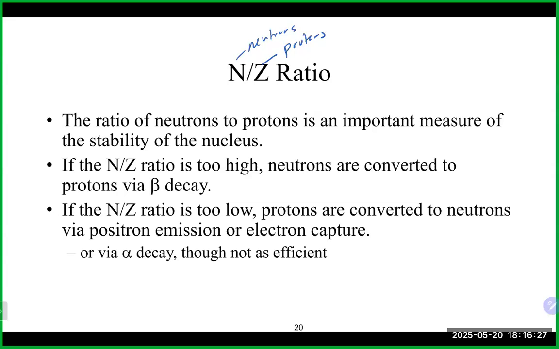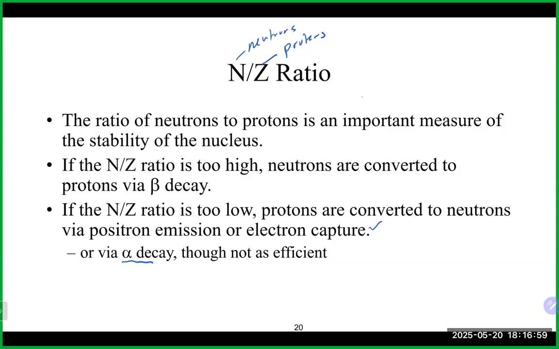And if the N to Z ratio is too high, the neutrons are converted to protons via a beta decay. And if the ratio is too low, protons will be converted to neutrons either through two methods, a positron emission or an electron capture. And, not as efficient, you could use an alpha decay. For us in this class, we will roll with one of these two if it is too low.